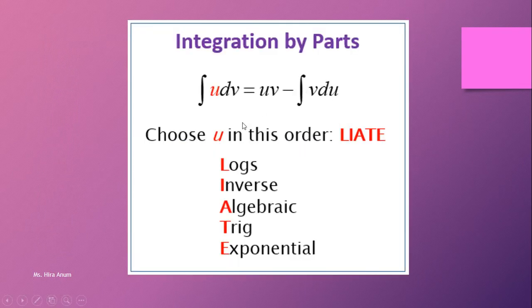Integration by parts. First of all, you have to know that if you have a log function, inverse function, algebraic function, trigonometric function, exponential function, it becomes your u part. You can take v as the other part because you have to choose which function is u and which function is v.